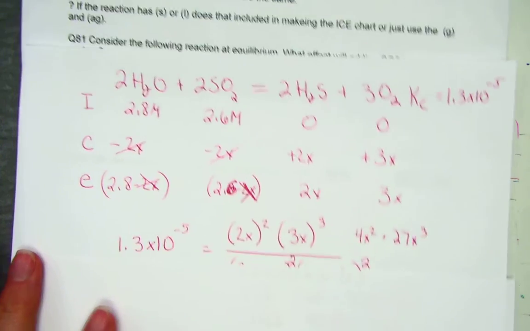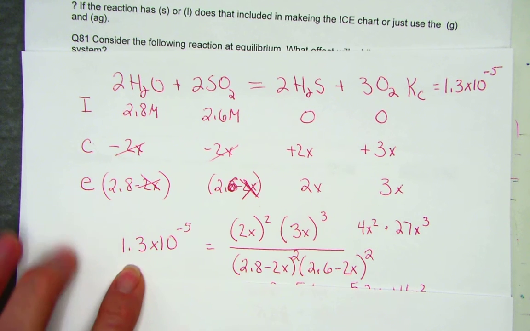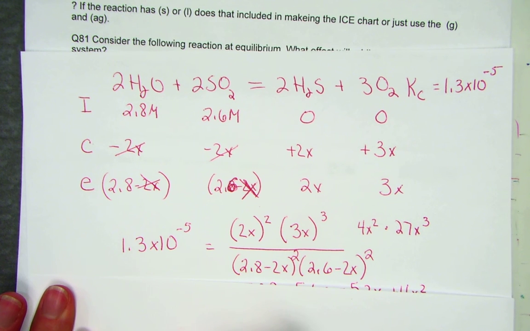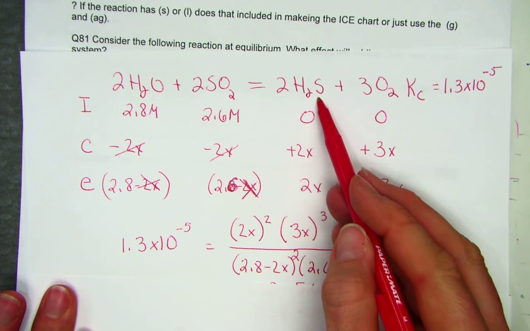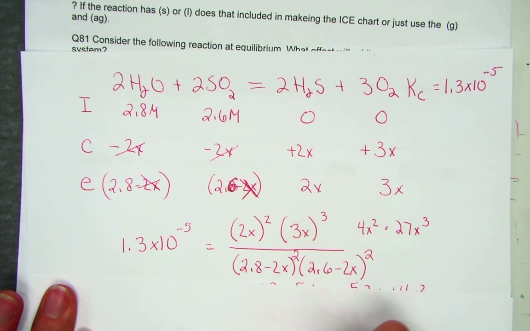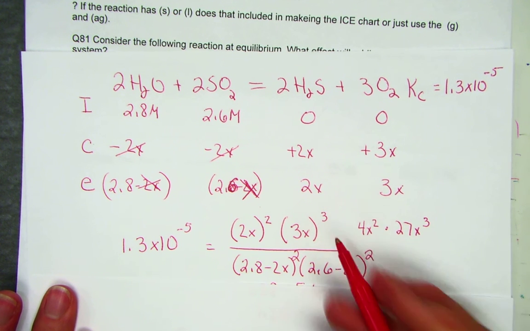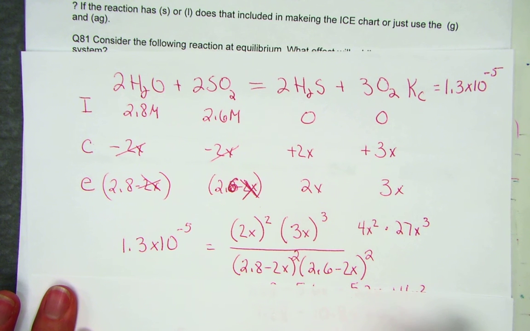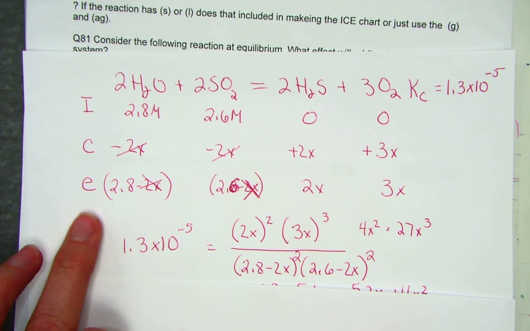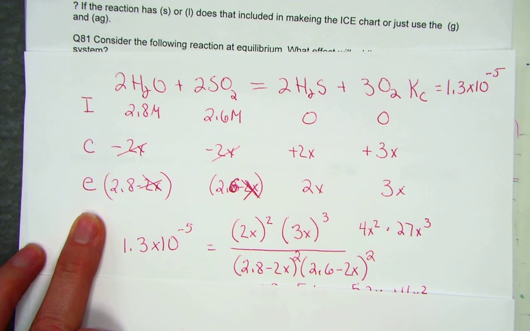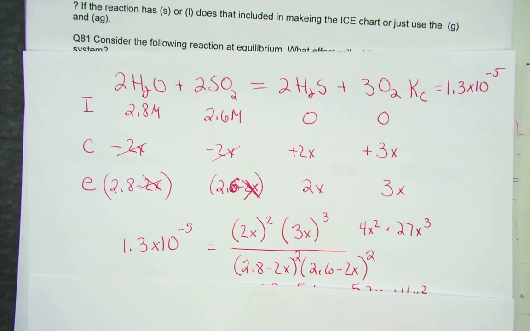So making this in terms of an easier amount, we're assuming that they are significantly not changed, and we'll just toss them out. So then therefore, what we'll end up doing is saying the Kc, 1.3 times 10 to the negative fifth, is equal to the product, which in the value of hydrogen sulfide is 2x, squared, times the concentration of oxygen, which is 3x, squared, set over the concentration of 2.8 squared times the concentration of sulfur dioxide, 2.6 squared.